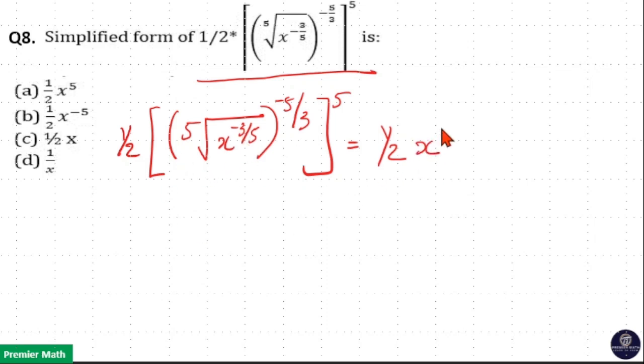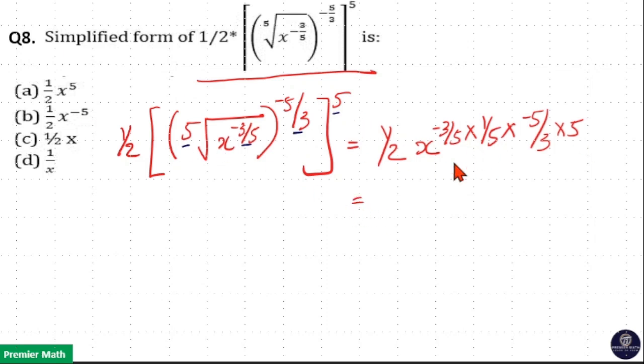Now, the power is minus 3 by 5. Multiply all the powers together: minus 3 by 5. Now, fifth root means 1 by 5, into this power minus 5 by 3. Next power is 5. So, multiply all these together, total 4 powers.